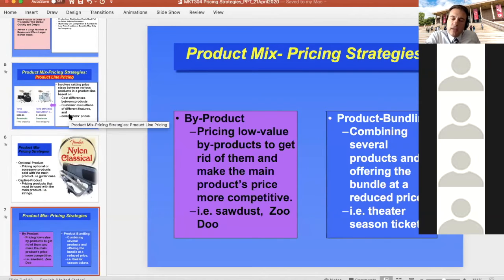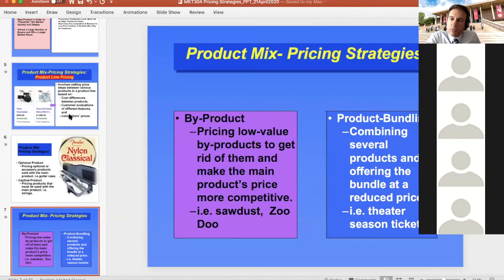So then byproduct pricing is in a situation where you are making a core product, which is what your company is supposed to make. And then in the process of making this product, there is a leftover or a byproduct being produced.